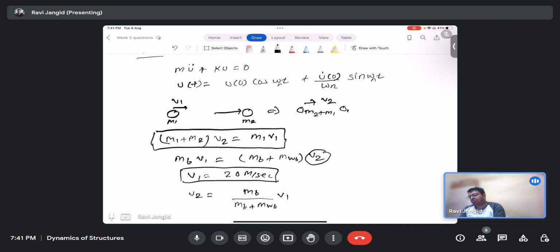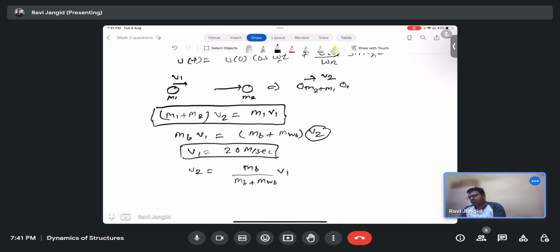And v2 is nothing but your u dot 0, the initial condition for the block. So your mb is the bullet mass, which is 0.2, the wooden block is 5 kg, and the speed is 20. Can you calculate what this is?